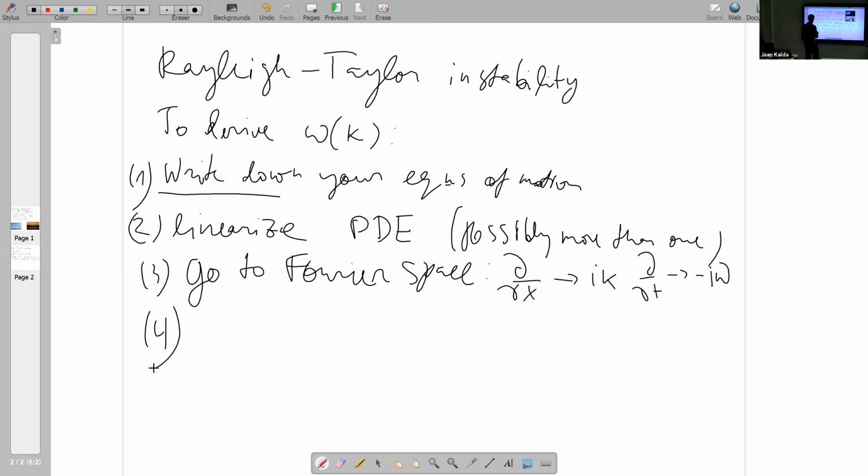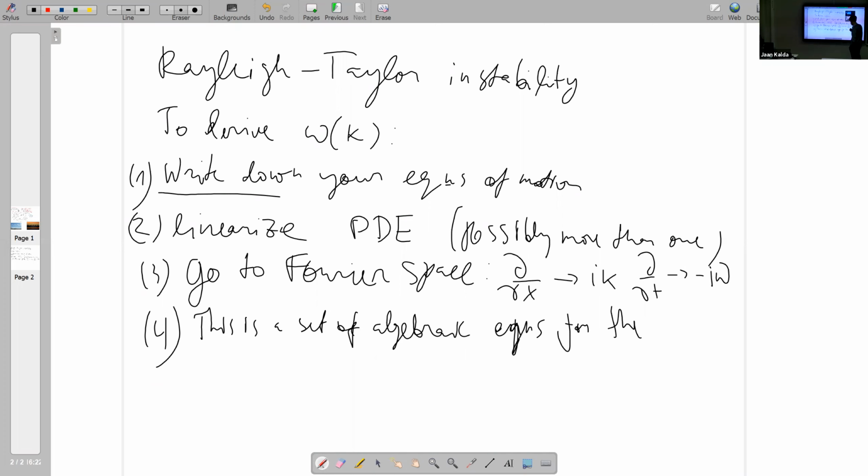Now this is a set of algebraic equations for the amplitudes, not specifying what amplitudes.